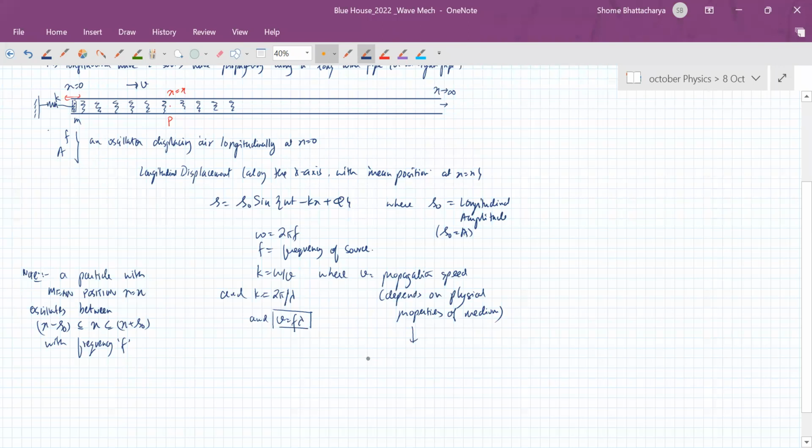Such that for sound propagating through a fluid medium, that is inclusive of liquids and gas, the speed of sound is given by square root of Bulk's modulus of elasticity divided by density.